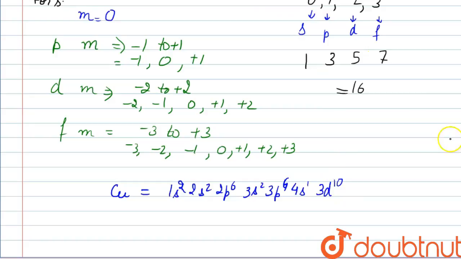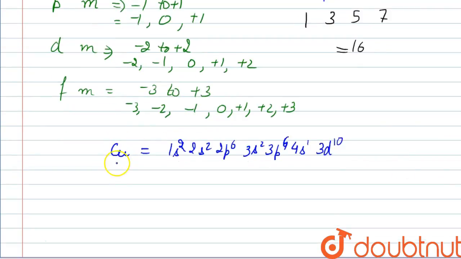Now if we write the electronic configuration for Cu positive, it will be the same, except at the end it will have 4s0 and 3d10. The rest will be the same. Now this is stable, and if we draw the d orbitals, it will be 1, 2, 3, 4, 5, 6, 7, 8, 9, 10.